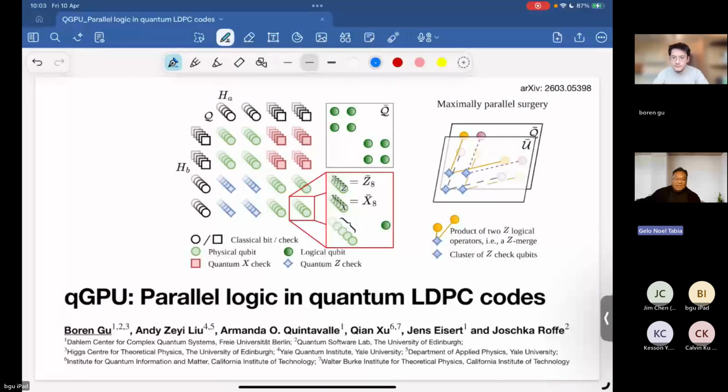His research focuses mainly on quantum LDPC codes, logical gate implementations, and architectures for scalable fault-tolerant quantum computing. He is particularly interested in finite-size quantum codes with good parameters and logical operations to enable efficient logical measurements and high parallelism computation. So, Boren, the floor is yours.